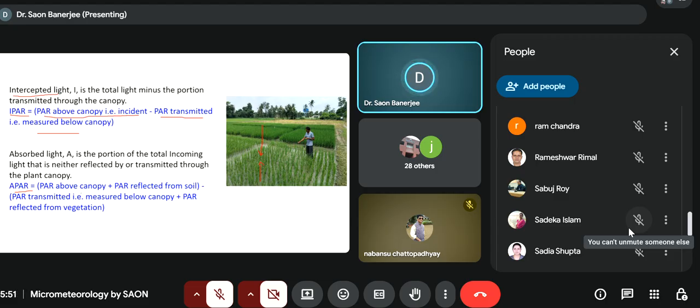So these two are added; they are positive. And the part transmitted is going out, and the part reflected from the vegetation is going out. So these four components give the absorbed part. The absorbed part is much more precise. The value of the absorbed part is generally a little lower than the intercepted one.